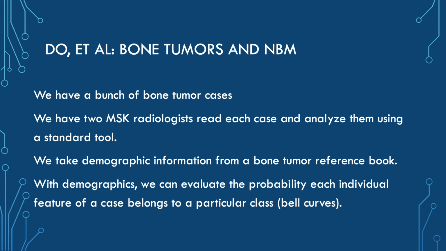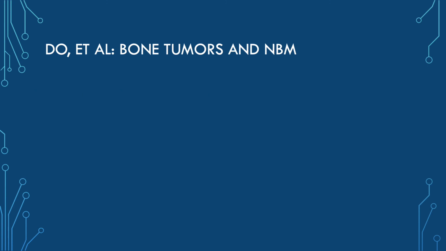What this means is we can take specific features of a bone tumor and compare them against demographic information against a bunch of different other kinds of bone tumors and try to figure out what category this bone tumor is most likely in. That is, what is the most likely bone tumor I'm looking at right now?